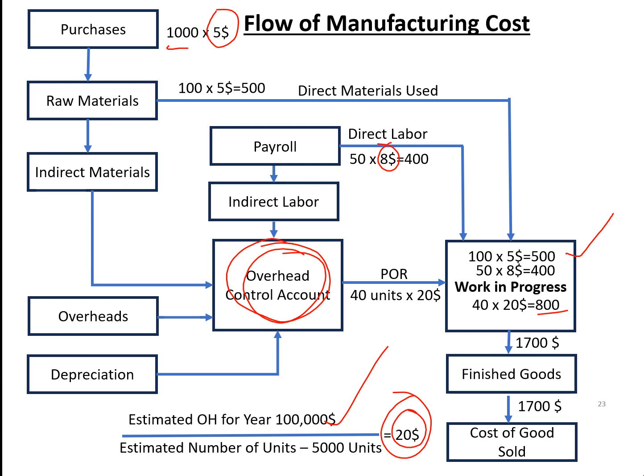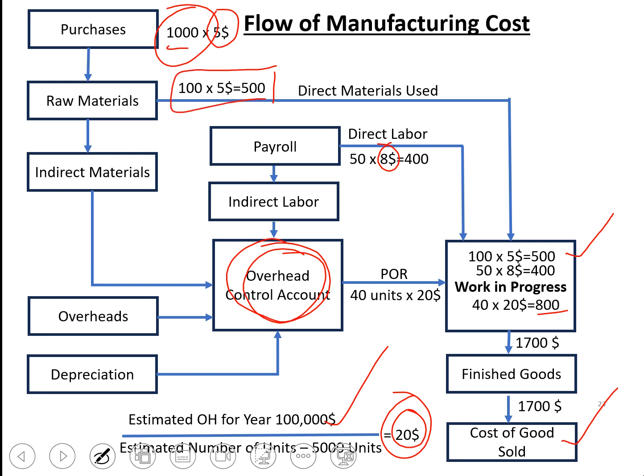So only at this point, the total cost, whatever you spent, or total amount of material used, is reaching your cost of goods sold when it is sold. It is reaching the income statement. Till that time, where is it staying?